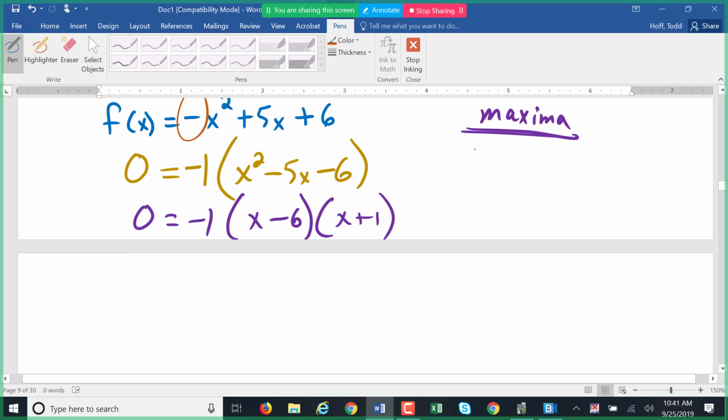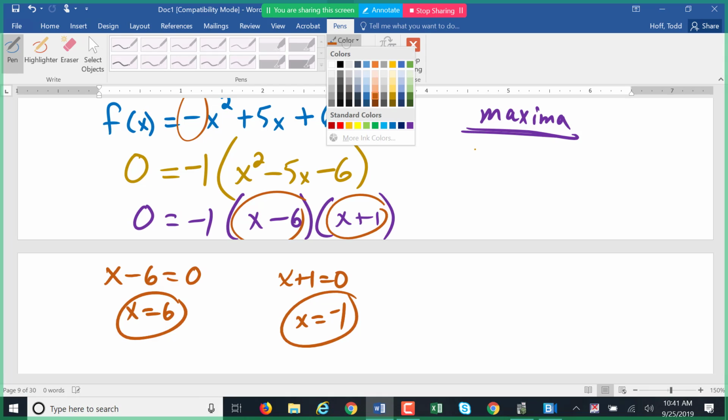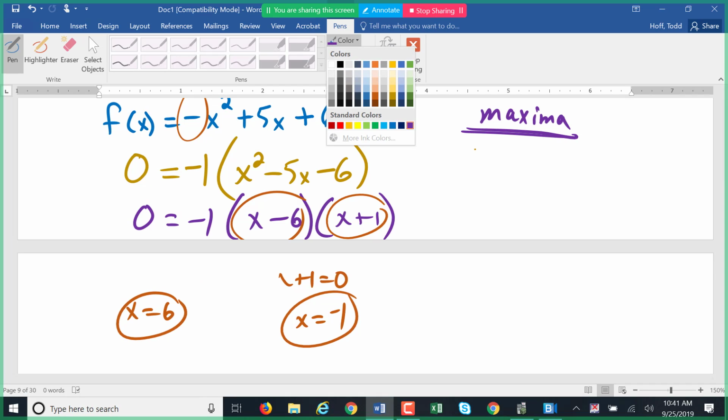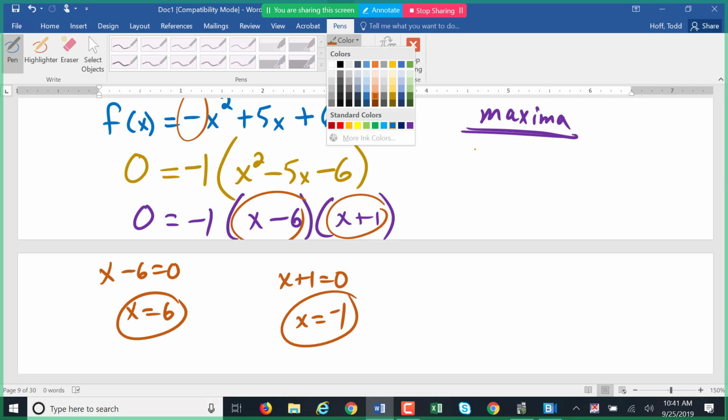One root would be where x minus 6 equals 0, at x equals 6, or this root, x plus 1 equals 0, at x equals negative 1. Now we don't even need to graph our roots, but we're going to use them to find our axis of symmetry.